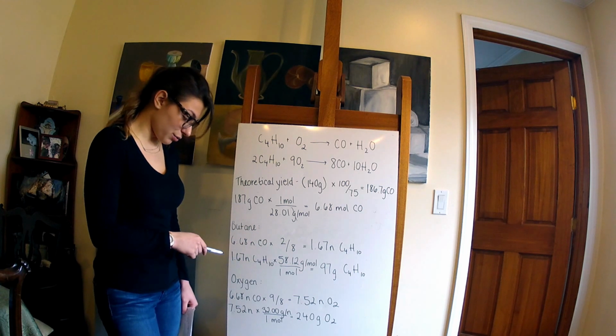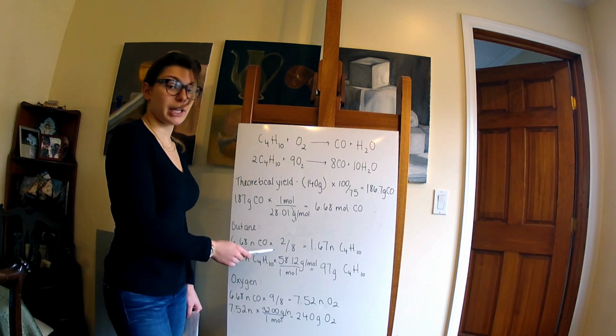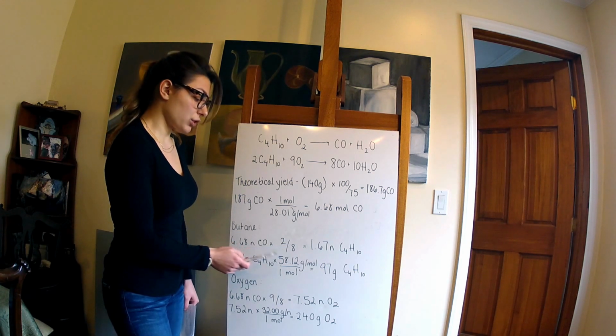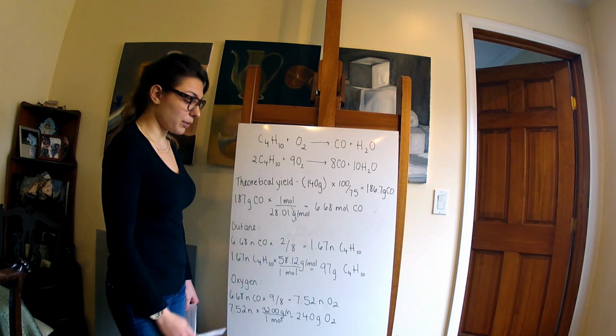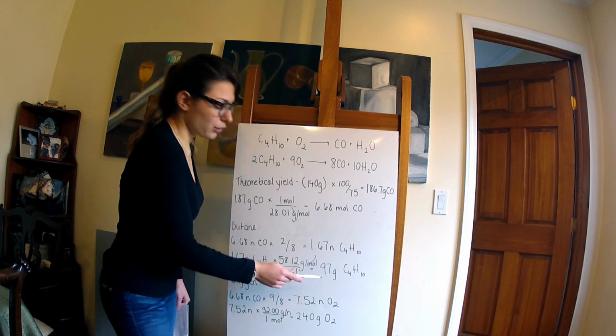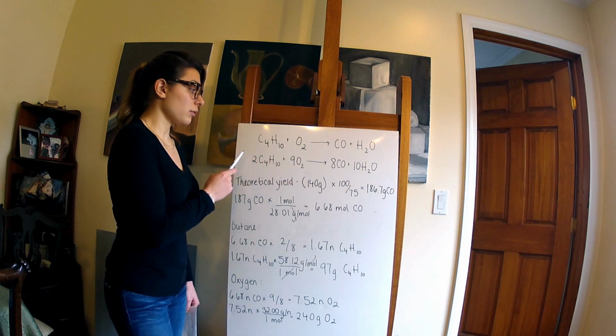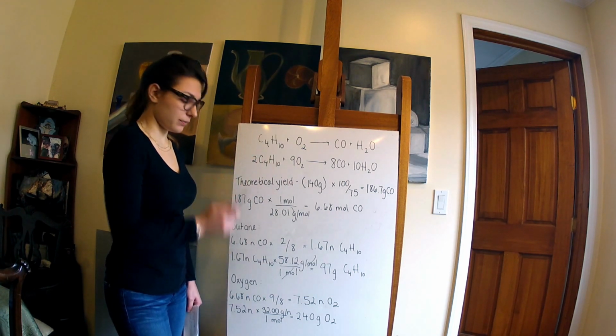So you would do 1.67 moles of butane times its molecular weight from the periodic table, which is 58.12 grams per mole, over 1 mole. Then you cancel out the moles, and you get 97 grams of butane in the original reactant of the reaction.